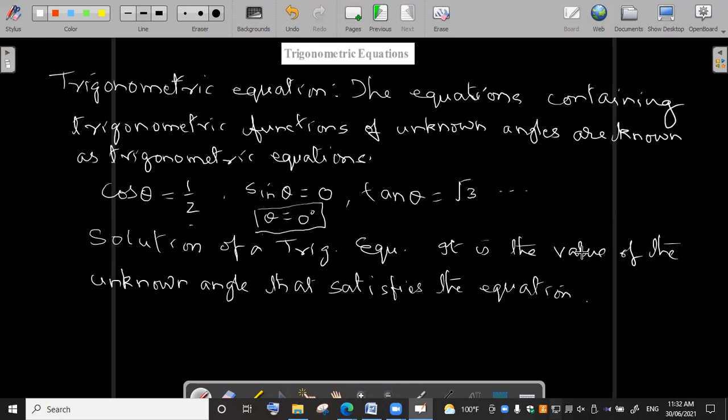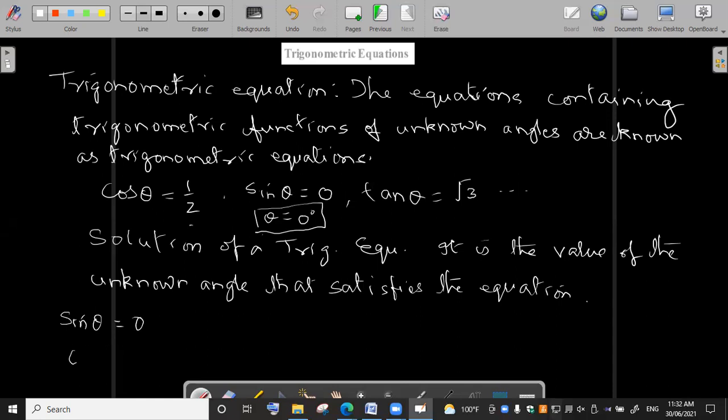Understood? But the problem is we don't have only one solution. Many solutions are there. For example, sine theta is equal to 0.